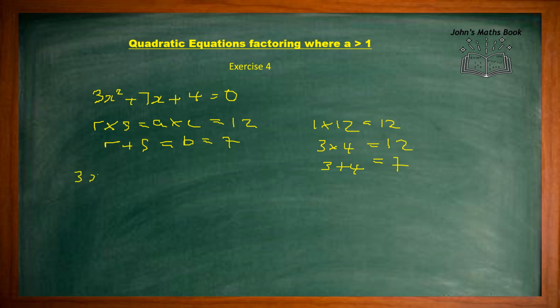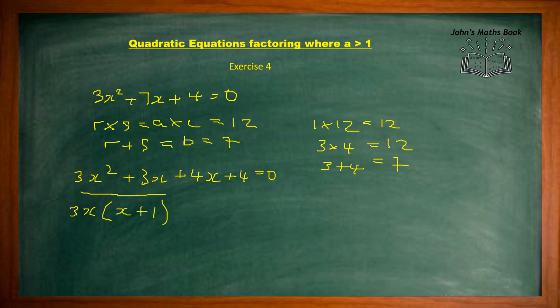So we can write it as 3x squared plus 3x plus 4x plus 4 equals 0. If we work on this part of the expression first, we can take 3x out of that and multiply it into x plus 1.